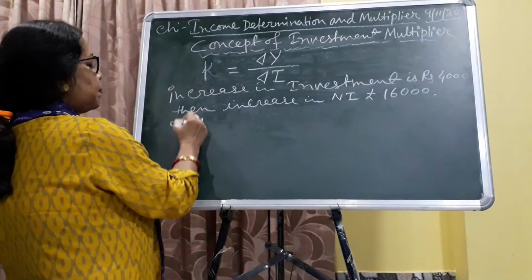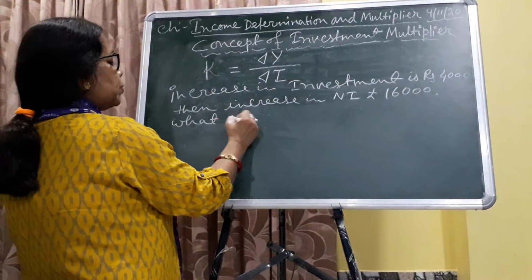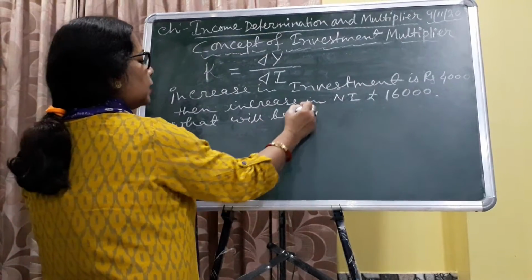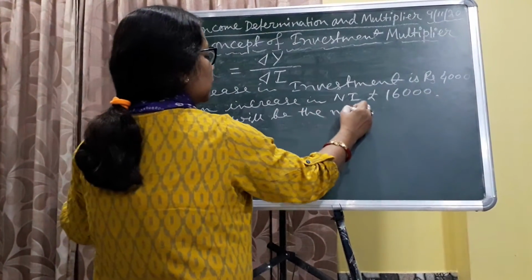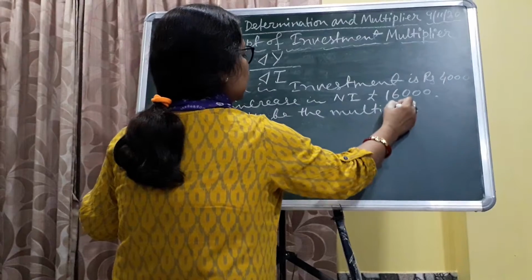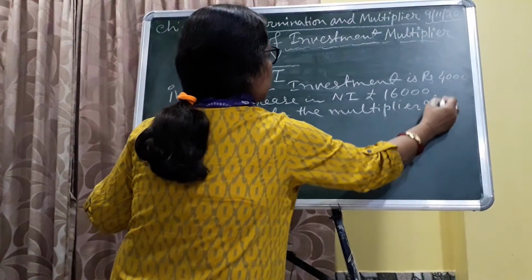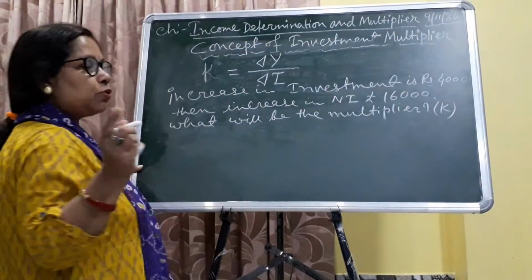So what will be the multiplier or K? You have to find out the K.